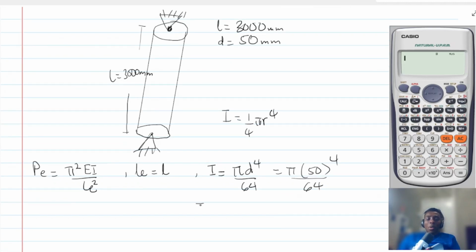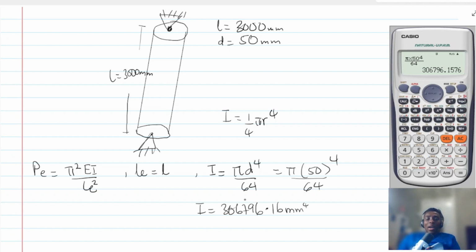So what is that going to be? Our I is pi multiplied by 50 to the power 4 divided by 64, and then I will get 306,796.16 millimeters to the power 4.